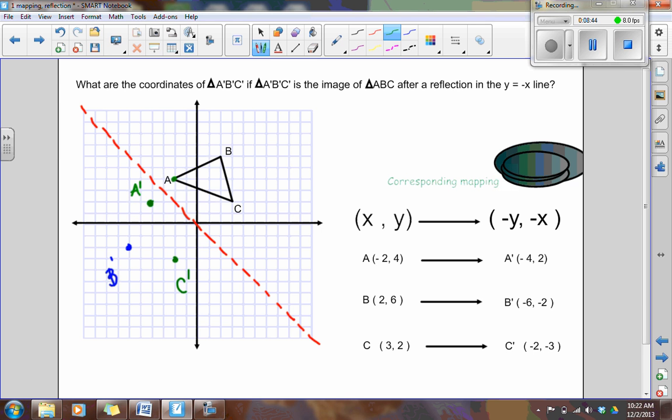Then it's just a matter of connecting our points. So there we've got it. We've reflected our triangle ABC across the line y equals negative x, and that gives us the reflection A prime, B prime, C prime, that triangle.